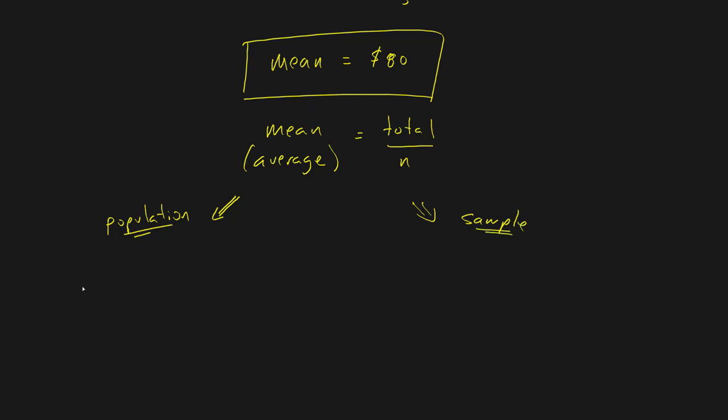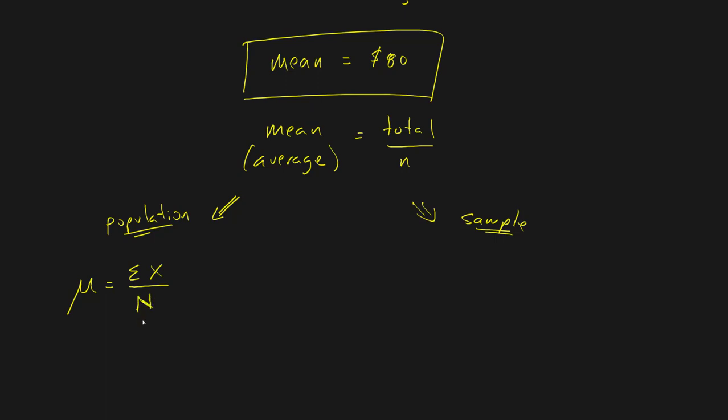For a population, the symbol for the mean is mu. It's the Greek letter mu. It looks kind of like a funny M or a U with a tail on the front. Mu, or the population mean, is equal to the sum of all of your data values, so the sum of x, over the population size, which is large N.